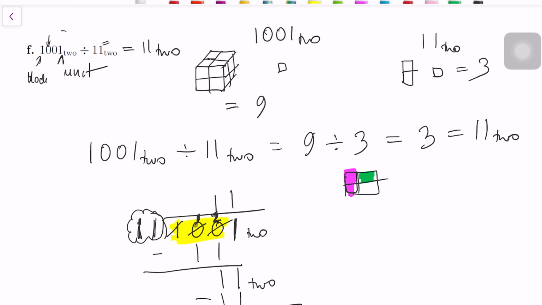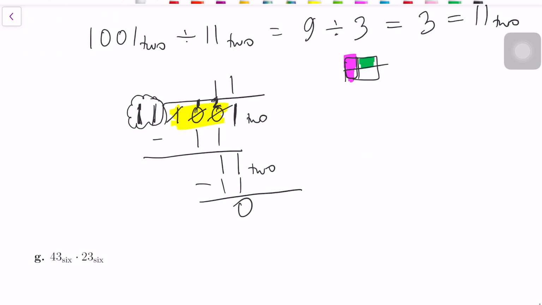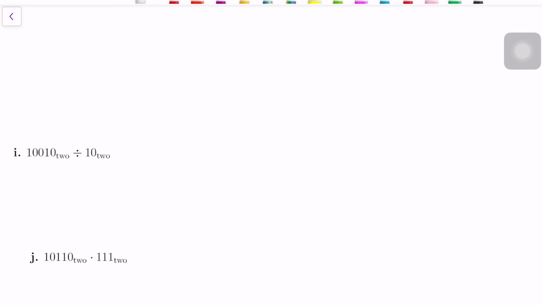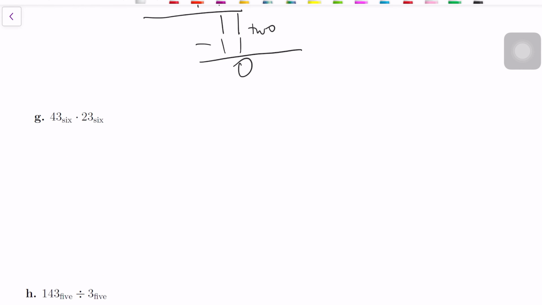So we have this, okay, and let's do this multiplication. Just to mix it up, I'm going to use the lattice now, because I feel like some of you might find it easier. So 4 3 in base 6 multiplied by 2 3 in base 6.